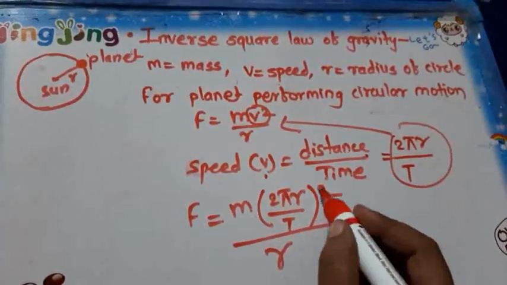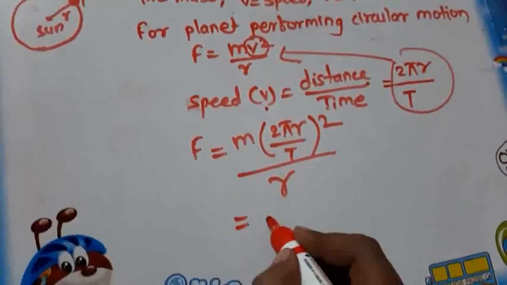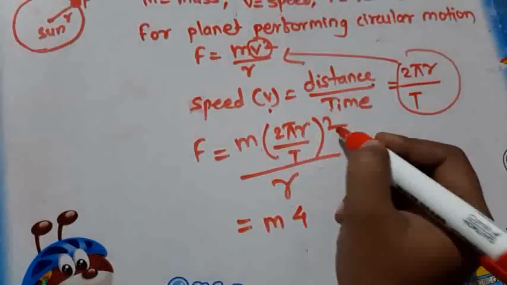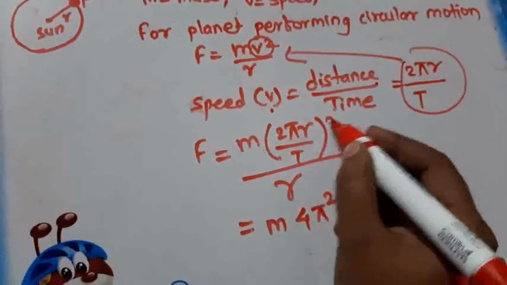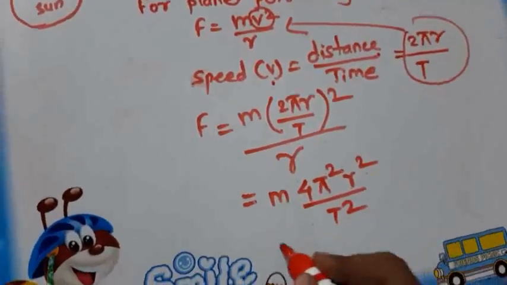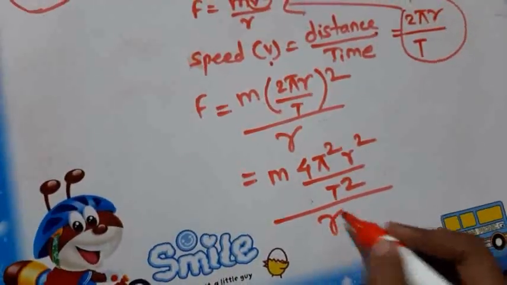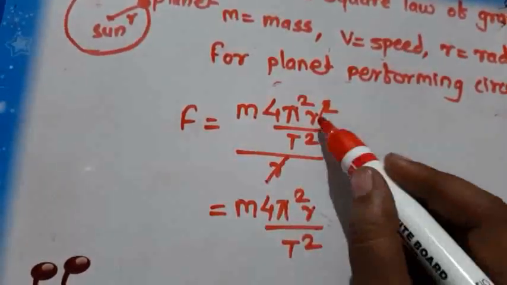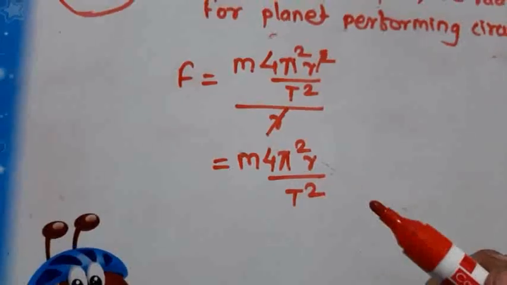Squaring the bracket, we get m into 4 pi square r square divided by T square, and this is divided by r. Now this r square and r will get cancelled. Only one r will remain in the numerator.